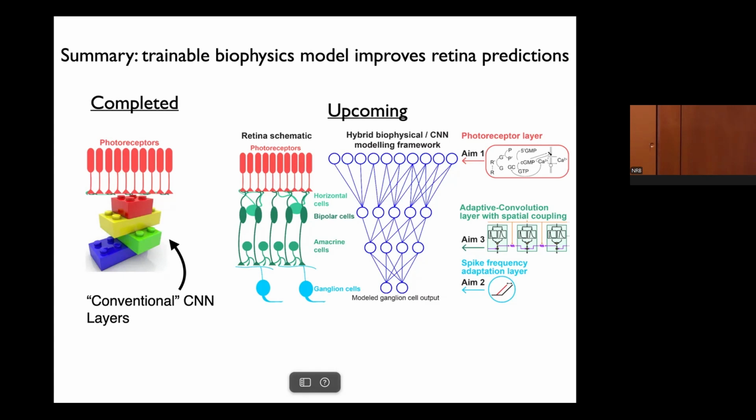Where I'm hoping to go beyond that is to make a digital brain. We know a lot about the biophysics of neurons all over the brain. We know what a pyramidal cell looks like and what it's supposed to do. We know what a VIP interneuron looks like and what it's supposed to do. And so in principle there's no reason we can't extend this framework and make a fully trainable brain simulation that I think could be extremely rad.